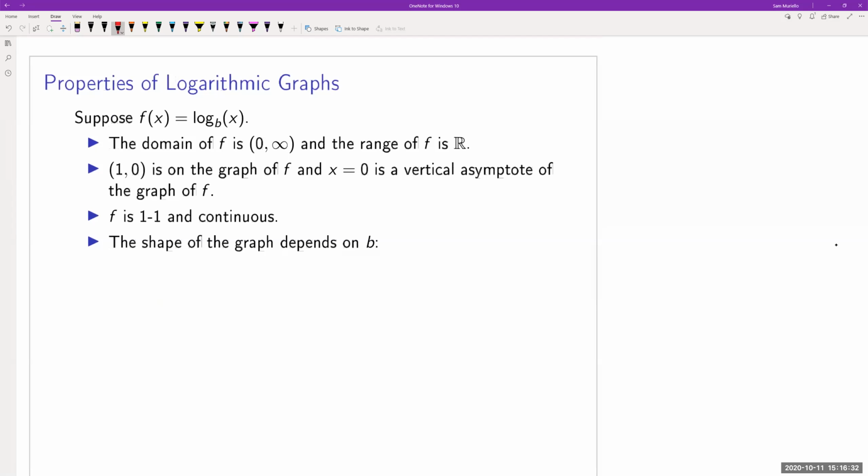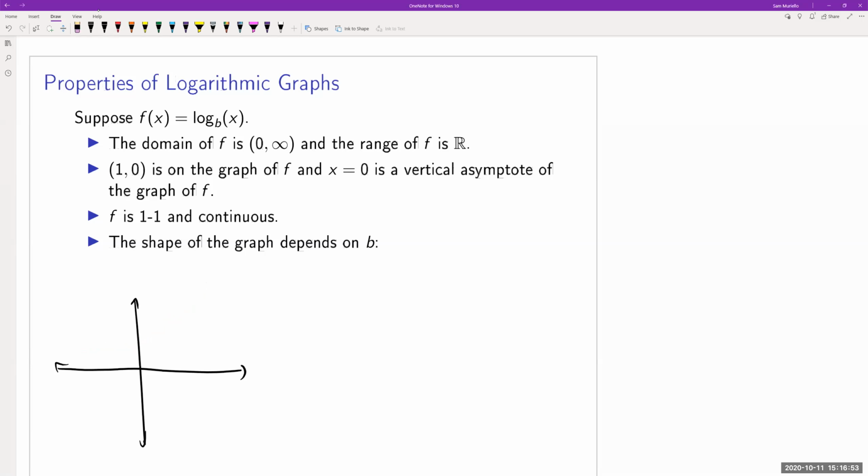Now, logarithmic graphs, being the inverse of exponential graphs, are going to visually look like the reflection. We talked about two different types of exponential graphs.